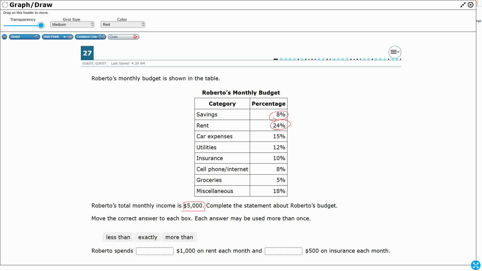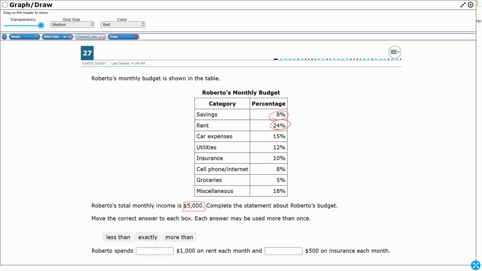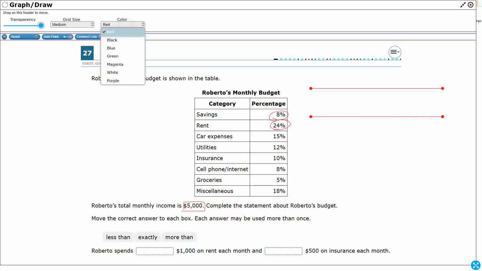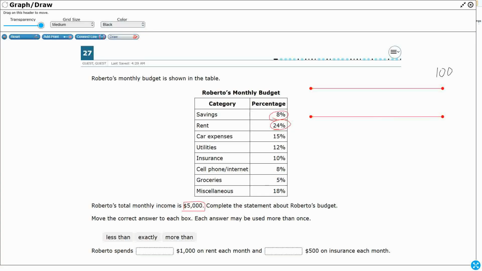Let's start with a double number line to look at our percentages. I'm going to draw two little lines like this, and I want to put 100% up on top. And then what's the full budget? 5,000.